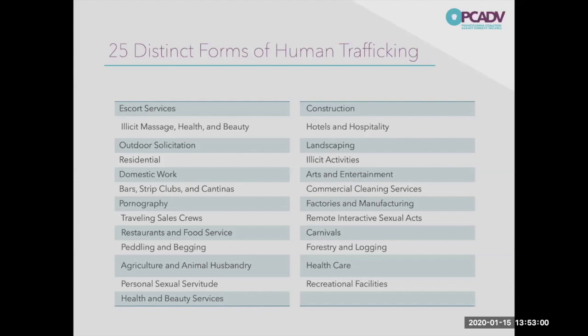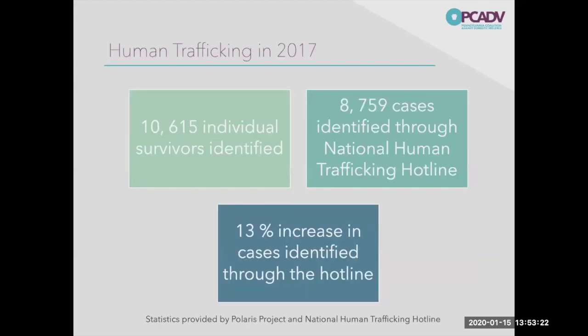So hopefully everybody's had a chance to look through that and get an idea. And obviously, as we'll see in a minute, there are some of these that are pretty exclusive to one category, but there's also a lot that bridge the gap between both. So there's also sex and labor trafficking that is fairly common. We'll talk about that in a minute.